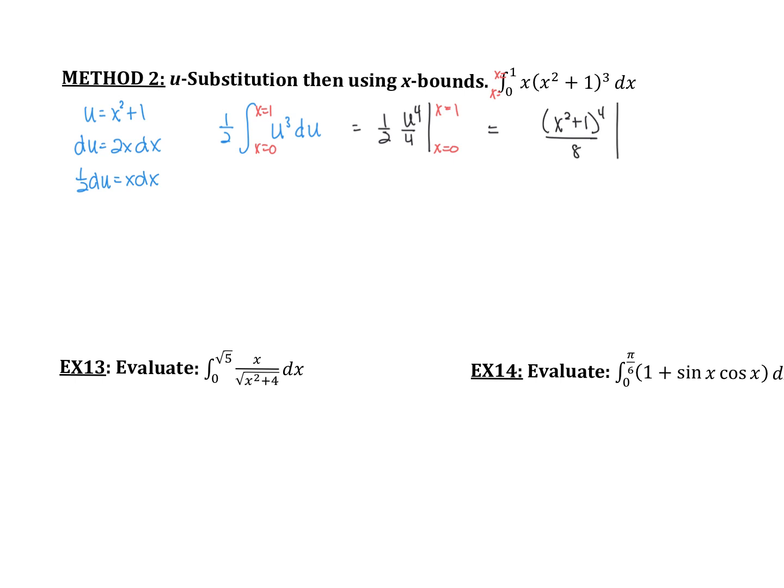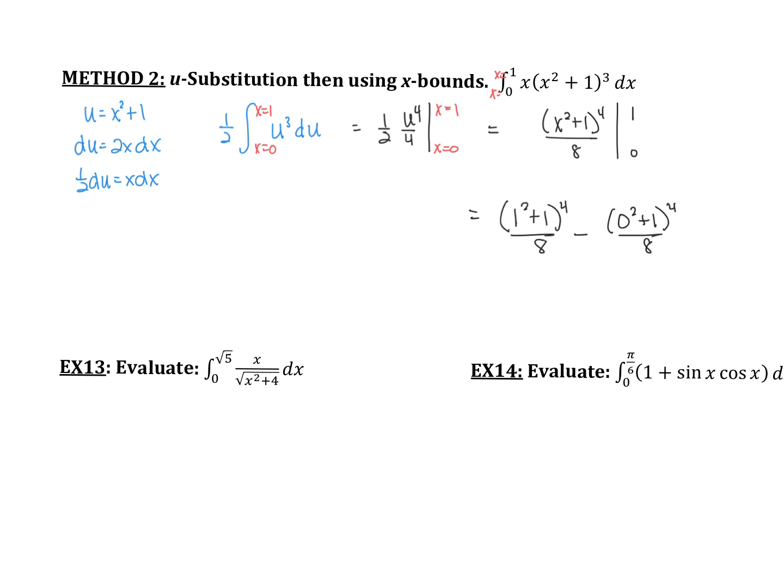And now I'm evaluating it from 0 to 1. These are x's, so I can plug x in for x. And when I do that, I get 1 squared plus 1 to the fourth over 8 minus 0 squared plus 1 to the fourth over 8.